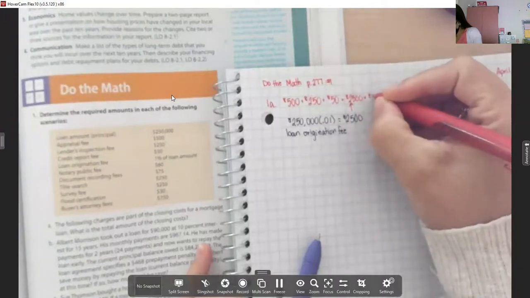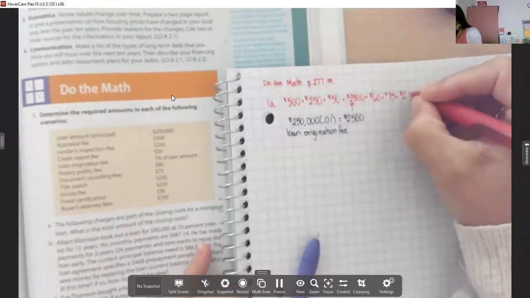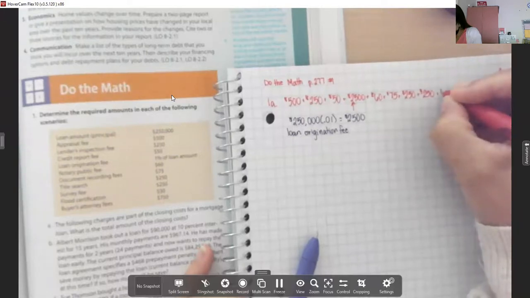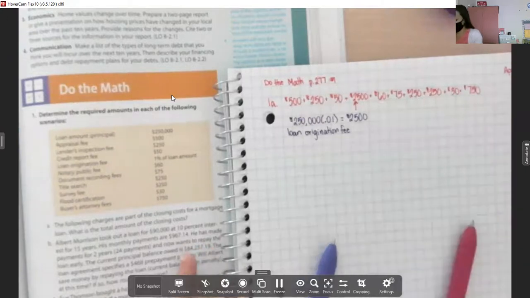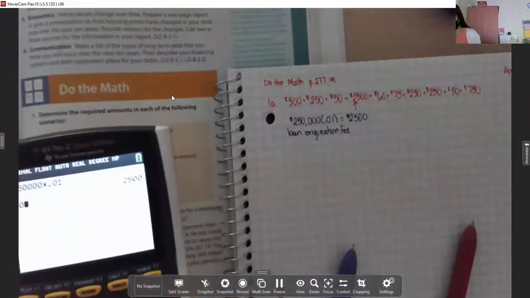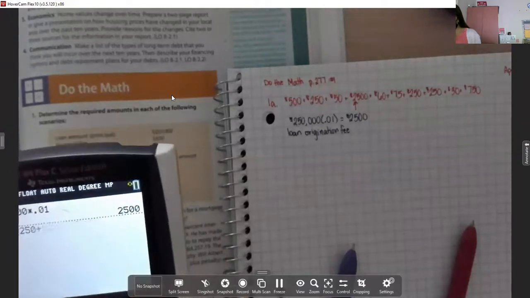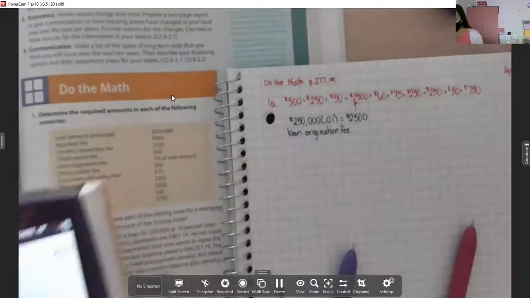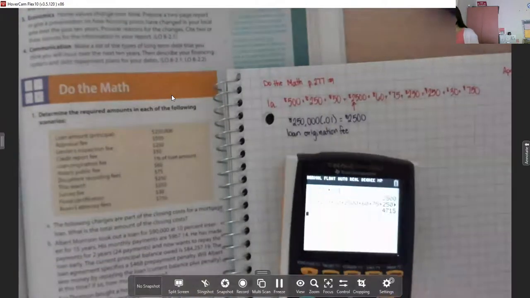Then we just add the rest. Okay, so 500 plus 250 plus 50 plus 2,500 plus 60 plus 75 plus 250 plus 250 plus 30 plus 750 is $4,715.